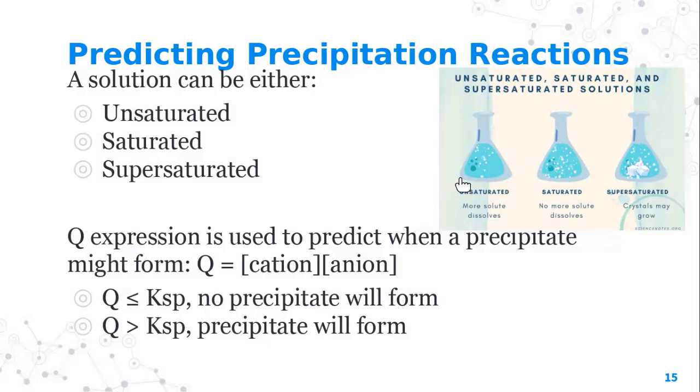Unsaturated means that you can still add in more solute and it would still continue to dissolve. An example is having a cup of water and then adding sugar to it.